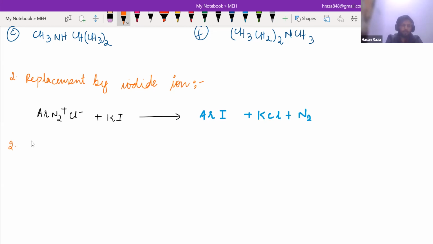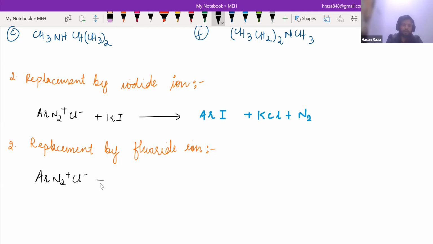The next is replacement by fluoride ion. For replacement by fluoride ion, this is again ArN2+Cl-.